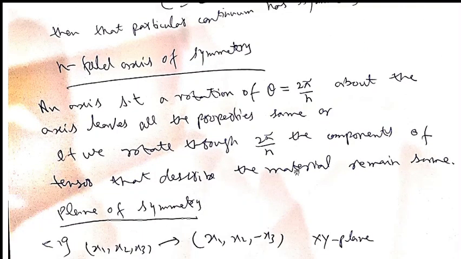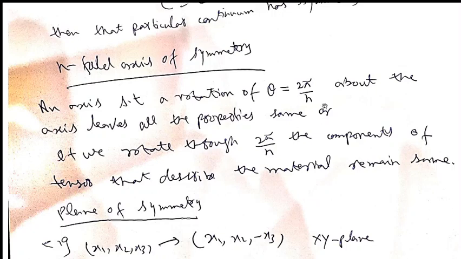Let us define different types of symmetries. Here we have the definition of an n-fold axis of symmetry: an axis such that a rotation of theta = 2π/n about the axis leaves all the properties the same, or if we rotate through this, the components of the tensor that describe the material remain the same. Now what is an n-fold axis of symmetry?